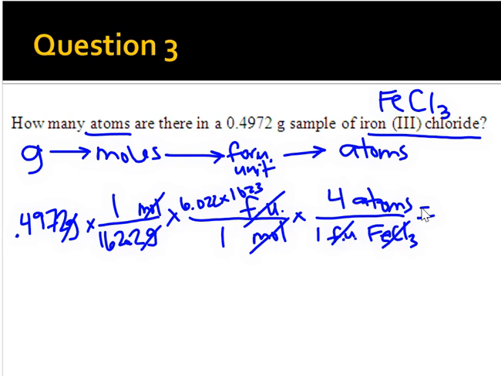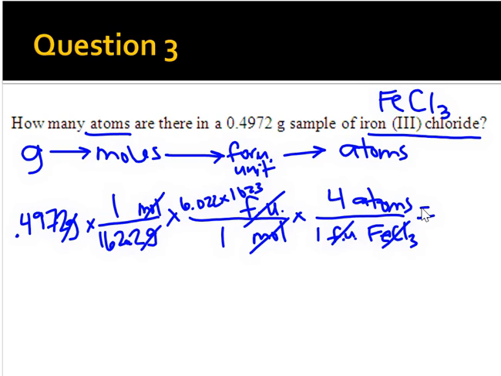So 0.4972 times Avogadro's number, 6.022 times 10 to the 23rd, times 4, and then divided by the molar mass of 162.2. We end up getting, hold on, my calculator did something weird. There we go.